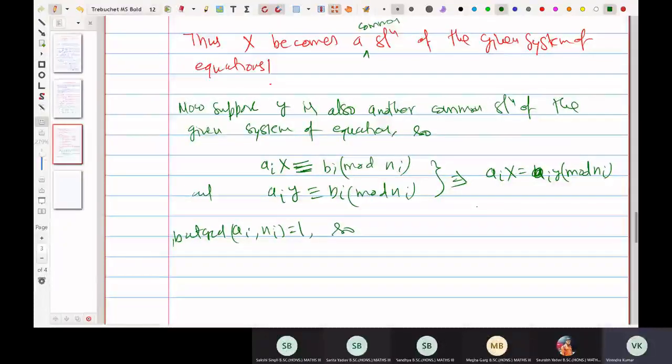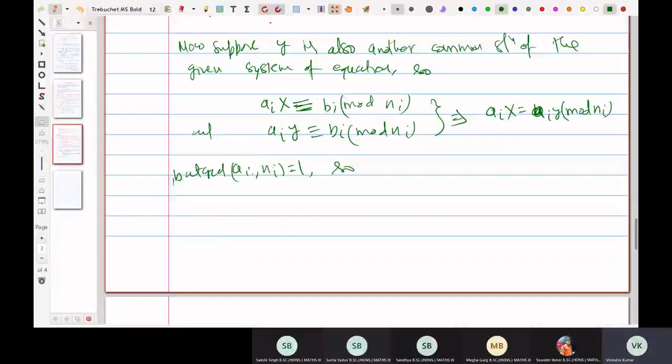So we can cancel out Ai. So we have X congruent to small y modulo Ni. So this means that capital X and small y are the same or equivalent under multiplication modulo Ni. Fine. Is it okay?